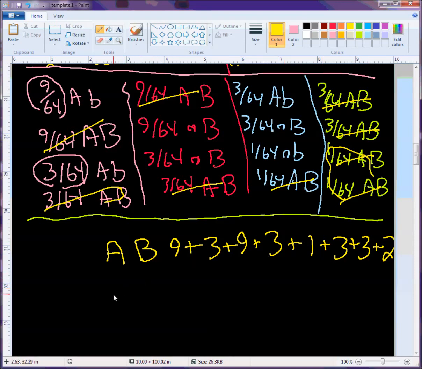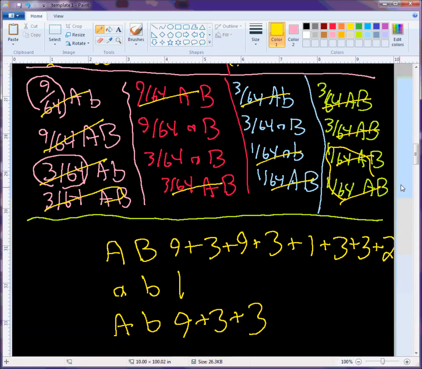Okay, so now I want to find the little a's and the little b's. So let us see, little a and little b. 1 here. And is that it? Okay, so far that's it. Okay, big A and little b. Let's find those. 9 here, 3 here, 3 here.